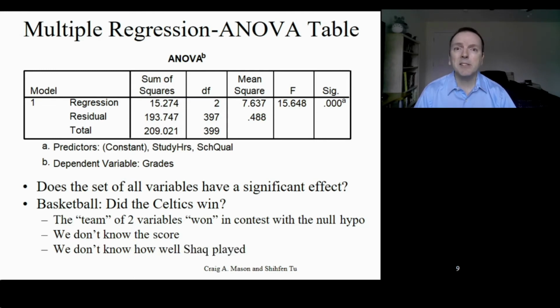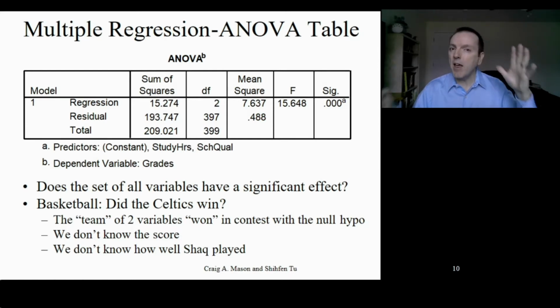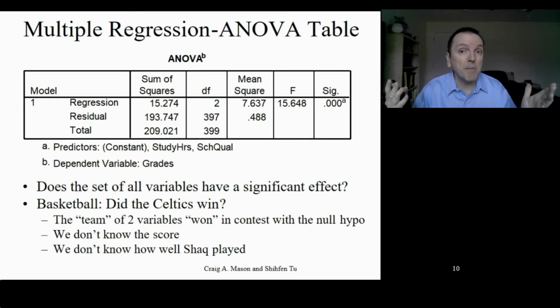Also, thinking of basketball, we know that the team won, but we have no idea how Shaq played. Did he have an awesome game or sit on the bench the whole night twiddling his giant thumbs? The ANOVA table tells us that the effect of the team was large enough that we could reject the null hypothesis, but it tells us nothing about the effect of individual players.